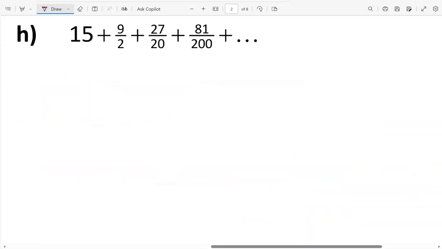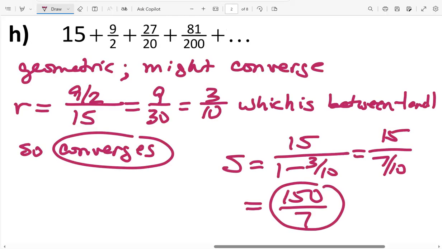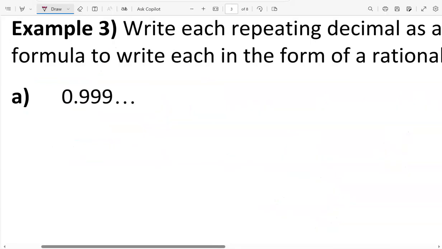Next, pause the video while you try H on your own. This one is a geometric series with a ratio of 3/10, so the sum can be found, and that sum is 157.